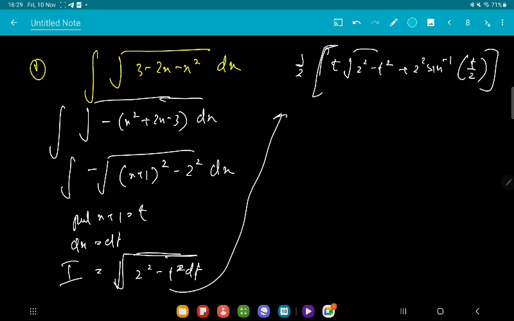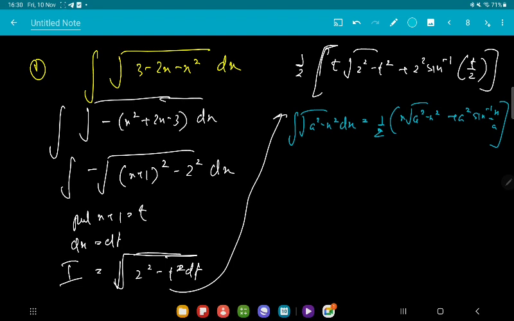Which formula have I applied? Integration of under root a square minus x square dx, which you can remember as 1 by 2 x under root a square minus x square plus a square by 2 sine inverse x by a.